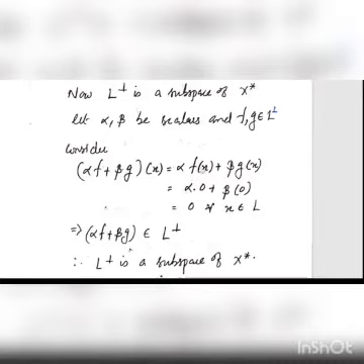Now f of x and g of x for x belonging to L are zeros. So alpha into 0 plus beta into 0, everything will come as 0, which implies alpha f plus beta g belongs to the annihilator of L. Therefore, the annihilator is a subspace of X star.